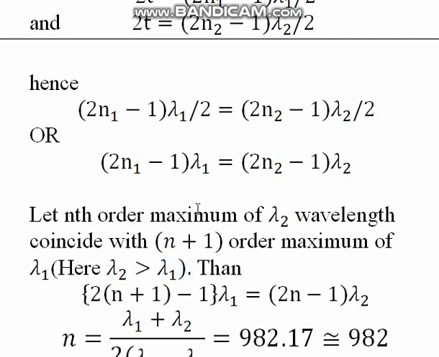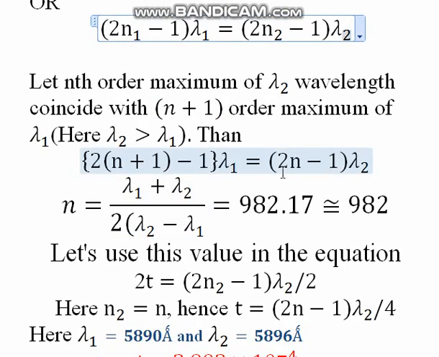That's why we consider the nth order maximum of lambda 2 with the n plus 1 maximum of lambda 1, because lambda 2 is greater than lambda 1. That's why we may write this equation. Now give the values of n1 and n2. For lambda 1, n1 is equal to n plus 1. For lambda 2, n2 is equal to n. So let's put the values and solve this equation for n.